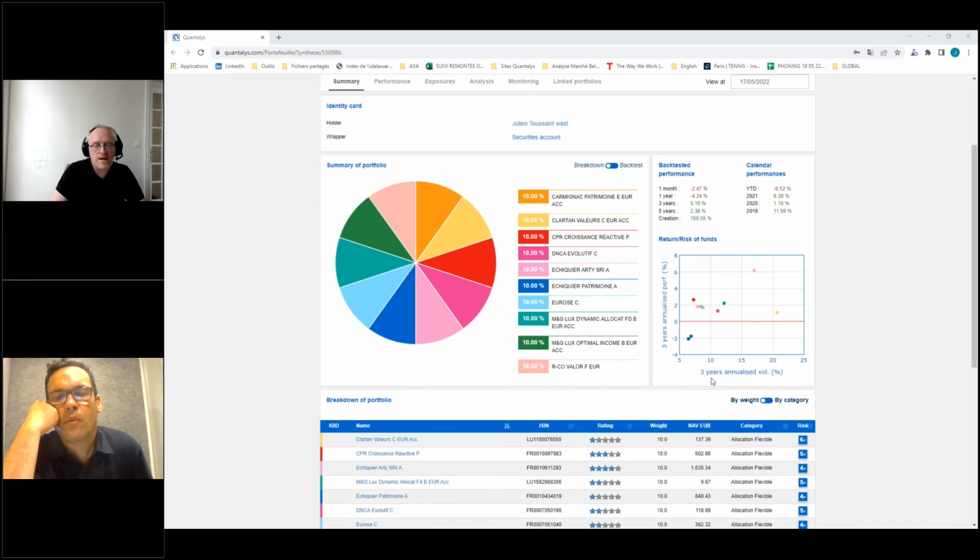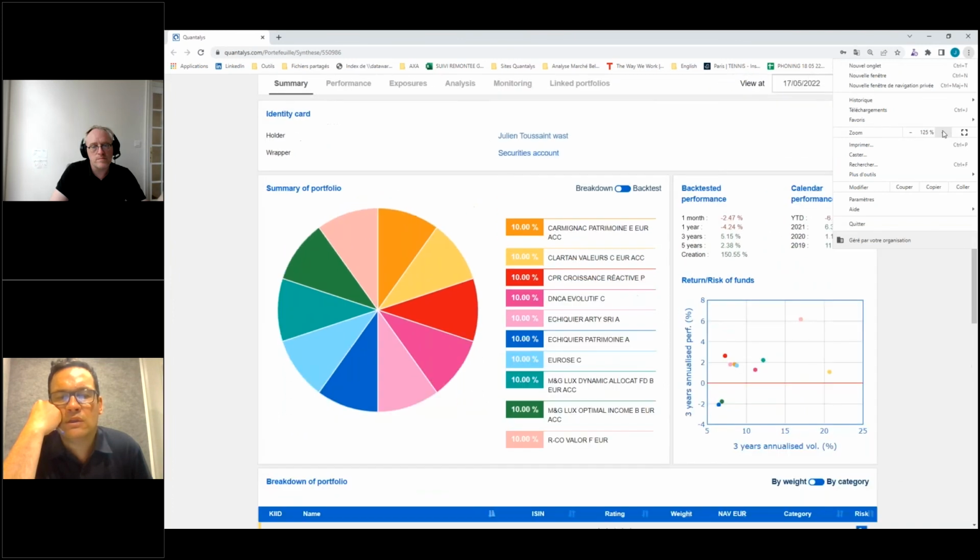As you can see here, you have the performance and volatility, and it can help you identify the one fund on which you want to focus and maybe consider changing. Very easily, you can see that this fund is highly volatile compared to its performance. Considering the level of return, it is clearly on the right, so it is delivering high volatility and little return.